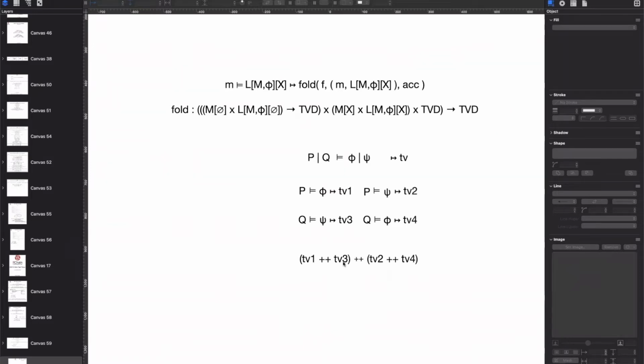And then you have to accumulate them. Right? So here, this accumulator has to be polymorphic, right? This accumulator has to come from the truth value domain. The truth value domain is like a monad plus. Does that make sense? Yes.